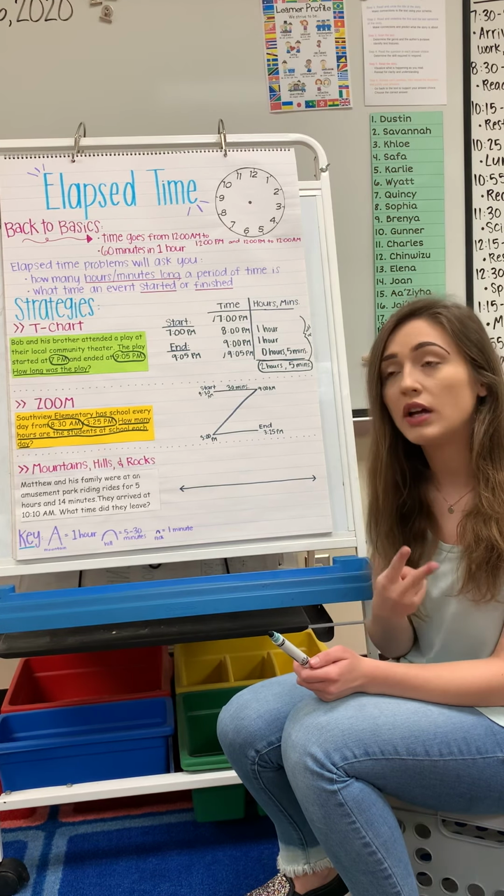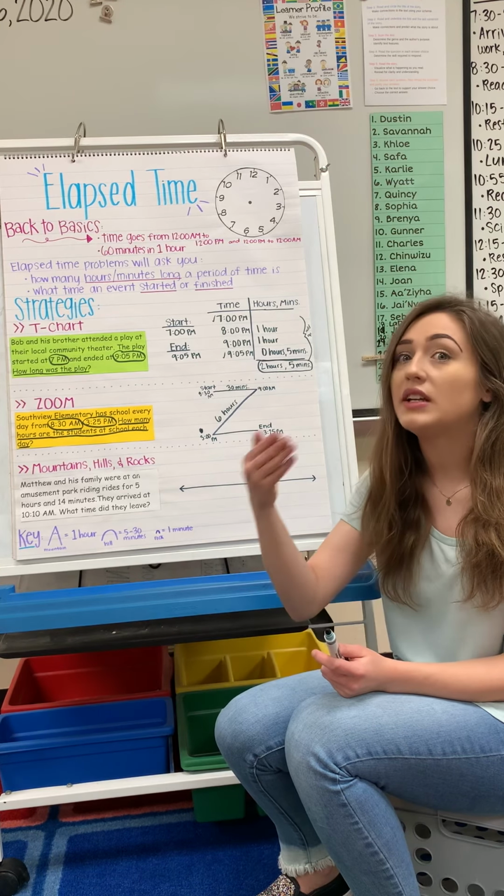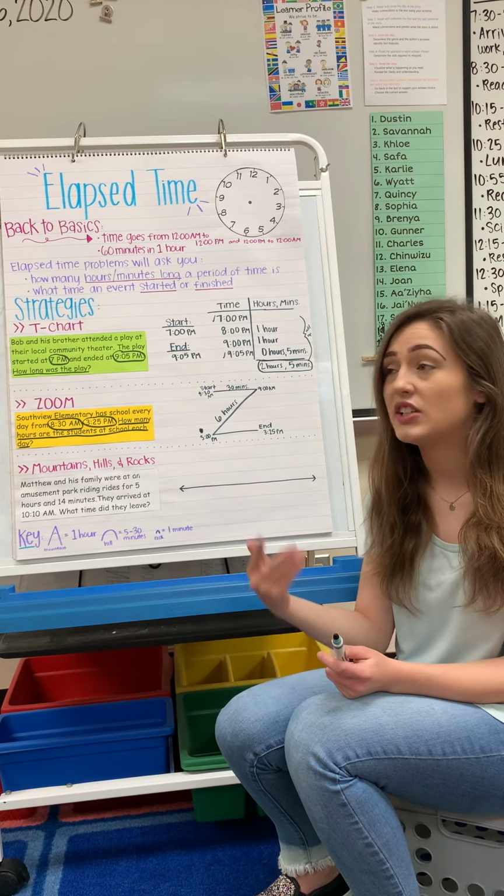Oh, did not mean to put it there. You're going to put it on this long part. Sorry about that. You're going to put it on the long part because this is a visual of how to get from 9 to 3. So really, I honestly, like I said, I didn't learn these strategies, but I do use my fingers for time because it helps me visualize how much time is passing between each hour.